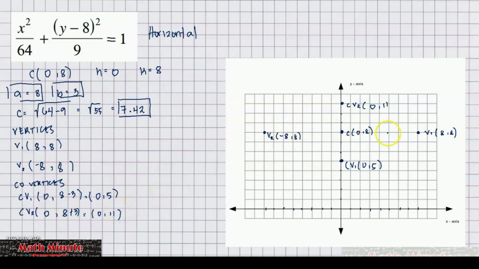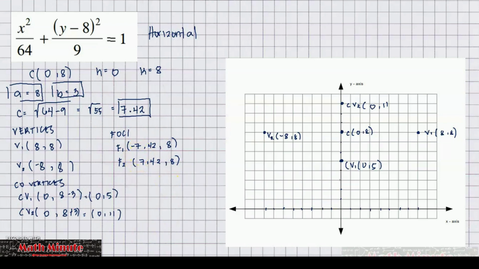Okay, there. For your foci, this will be f sub 1, f sub 2. You just write negative 7.42 here, then copy K, positive 7.42, copy K. It's because your H here is just 0, so we just write here the negative and positive value of 7.42.